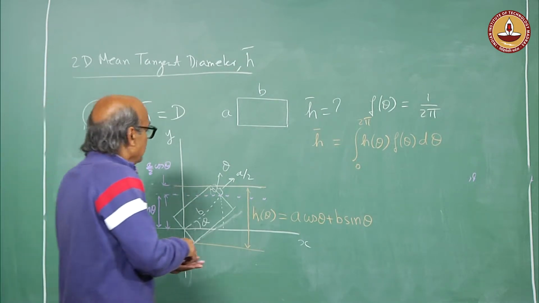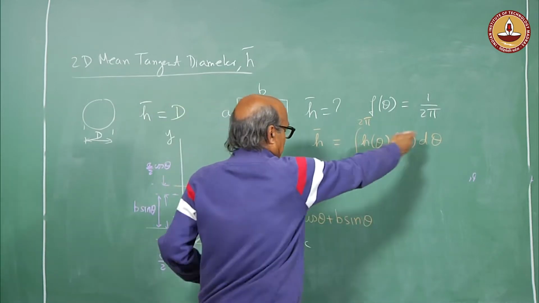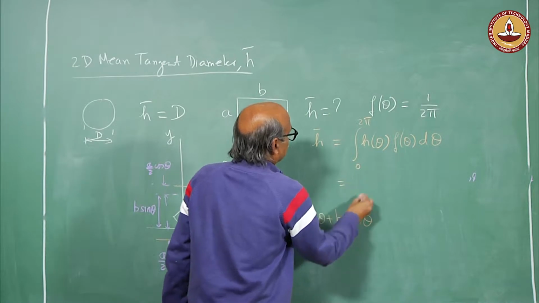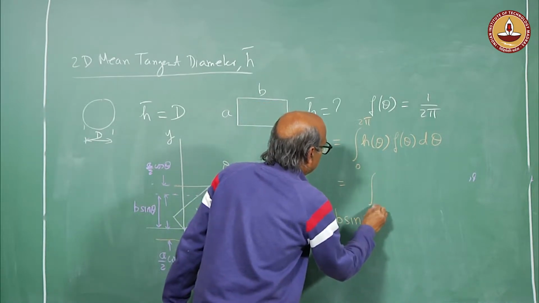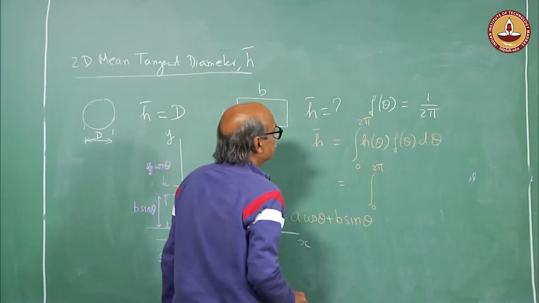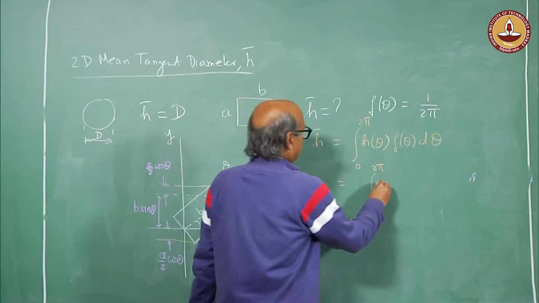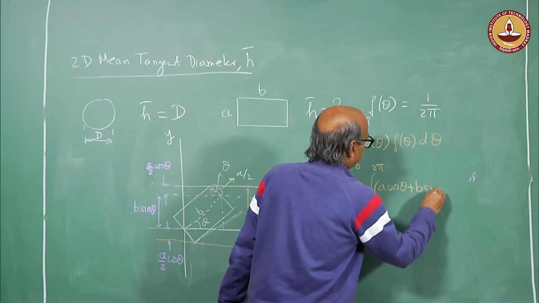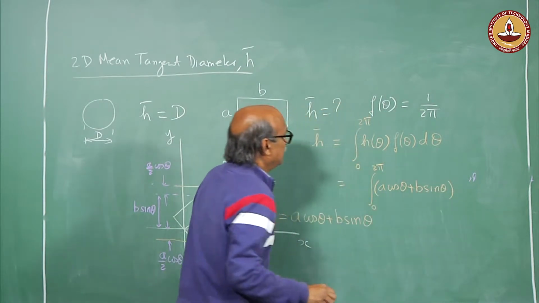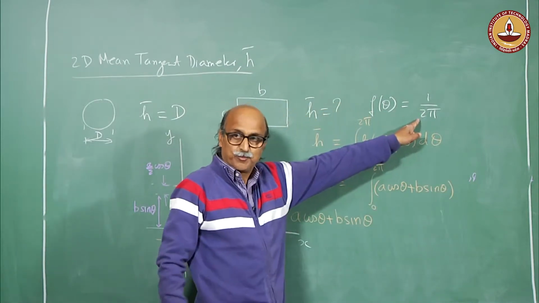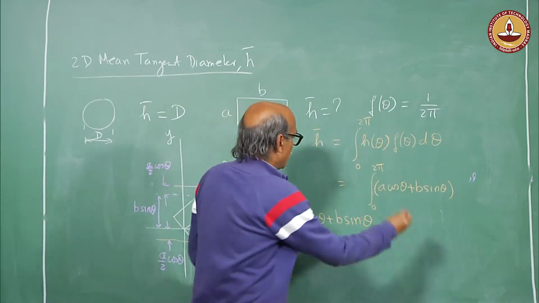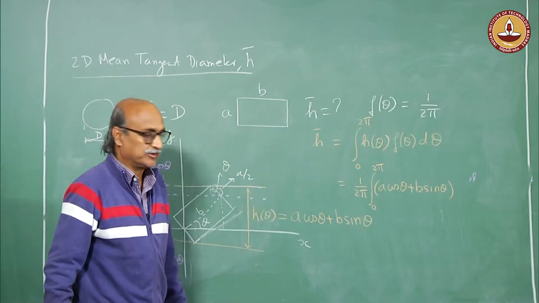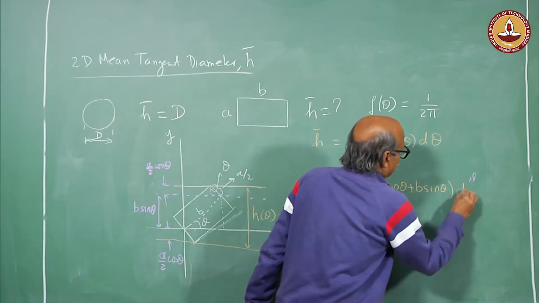Now, if I continue with this integration, this would become the integral from 0 to 2 pi. Instead of h theta, now I can write a cos theta plus b sin theta, and instead of f theta I put 1 upon 2 pi, 1 upon 2 pi being a constant, I take it out of the integral times d theta.